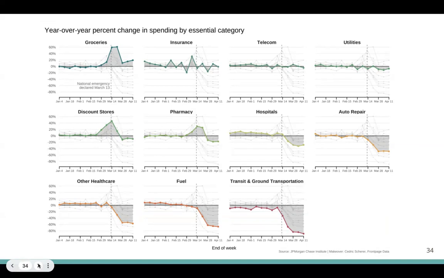So you might have also noticed in this visualization a couple of things. They are subtle, is that he has arranged them by color. So green is the thing where the spending increased the most, right? The grocery spending increased the most, and insurance increased a decent amount.